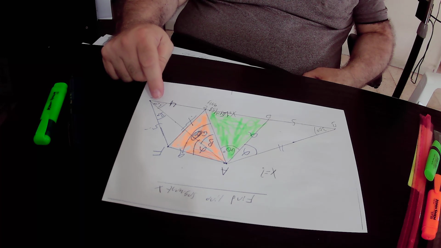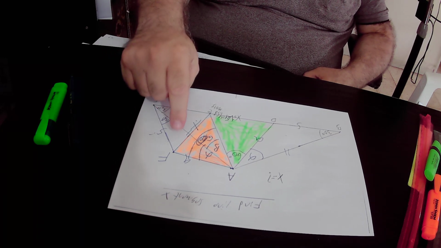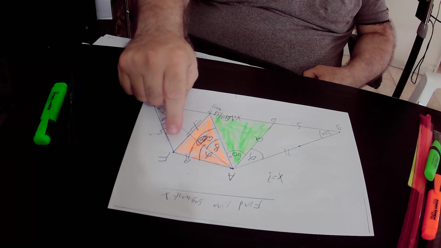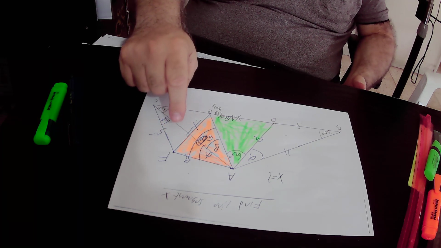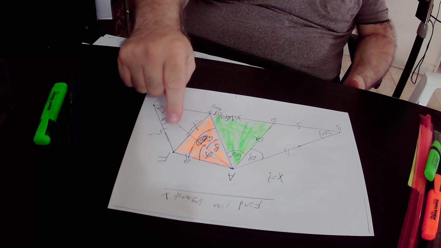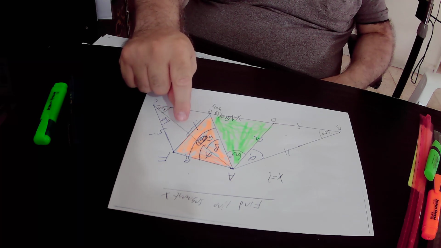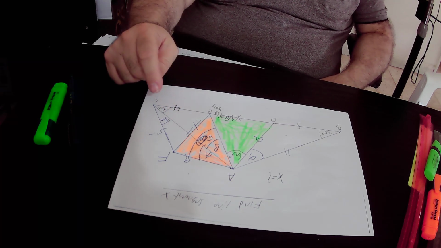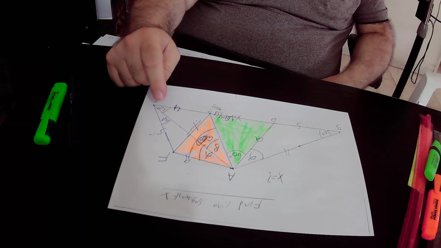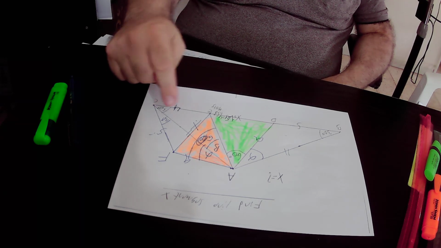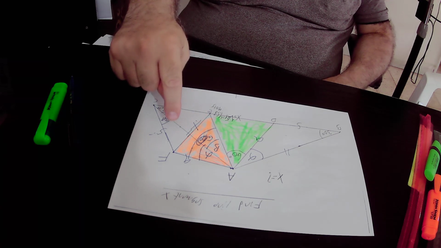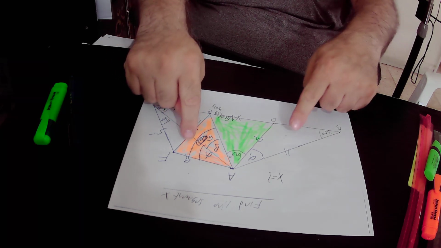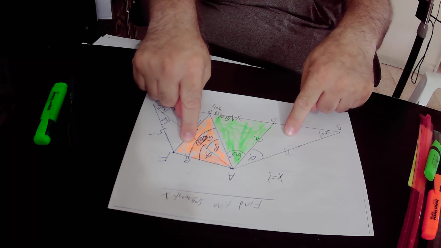Then we extended the straight line from point C until it intersects with the other straight line at point F. Point F is the intersection point of the two straight lines that we constructed. So in this way we created triangle AFC, and we prove that those two triangles are congruent.